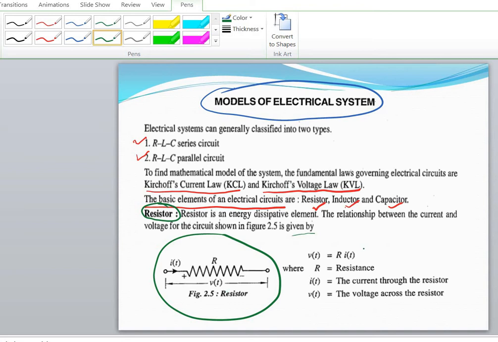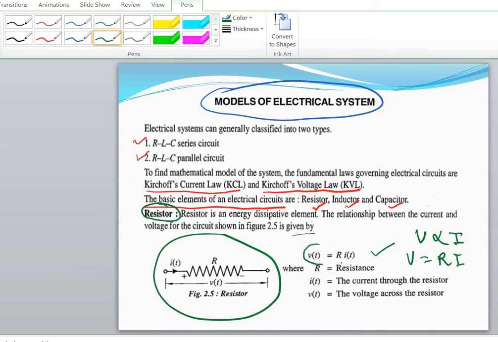So using Kirchhoff's law, V of t is proportional to I of t. V is proportional to I, or V is equal to R into I, in terms of t. The equation is written in terms of t, where R is the resistance, I of t is the current through the resistor, and V of t is the voltage across the resistor.